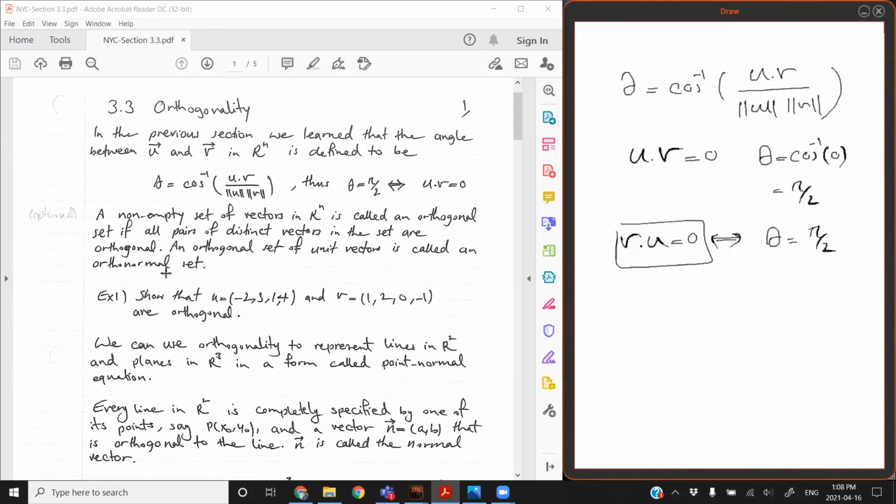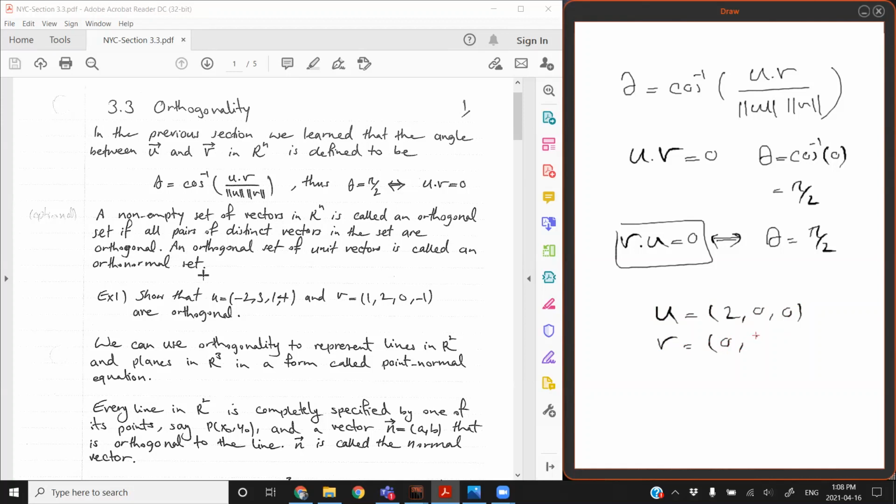So here we have two definitions about what is an orthogonal set and what is an orthonormal set. A non-empty set of vectors in Rn is called an orthogonal set if all pairs of distinct vectors in that set are orthogonal. A very simple example: imagine we have these three vectors. U is 2, 0, 0.